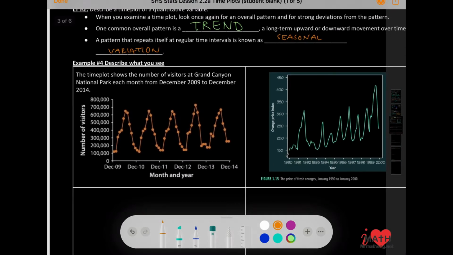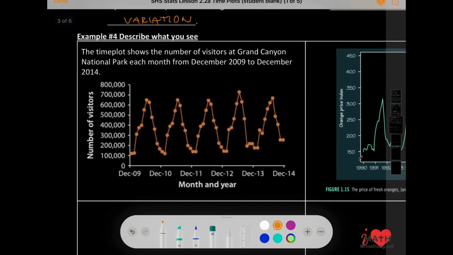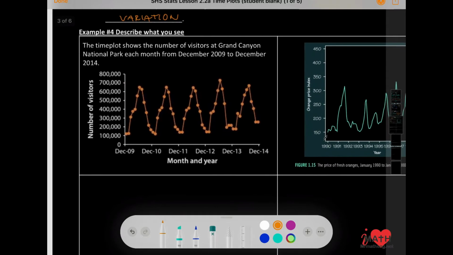All right, example number 4. Let's describe what we see here. It says, a time plot shows the number of visitors at the Grand Canyon National Park each month from December 2009 to December 2014. What do you guys notice?